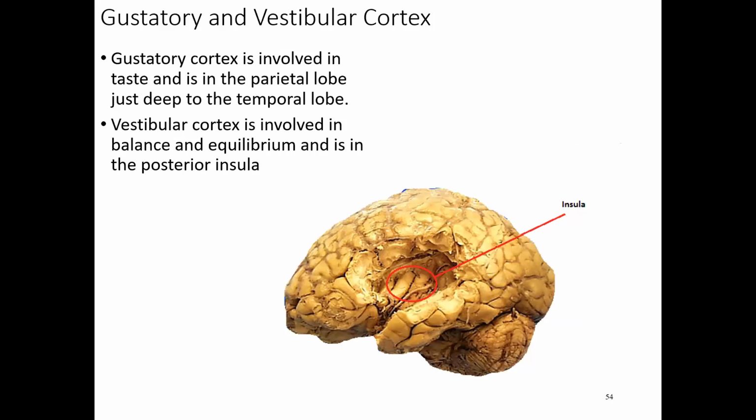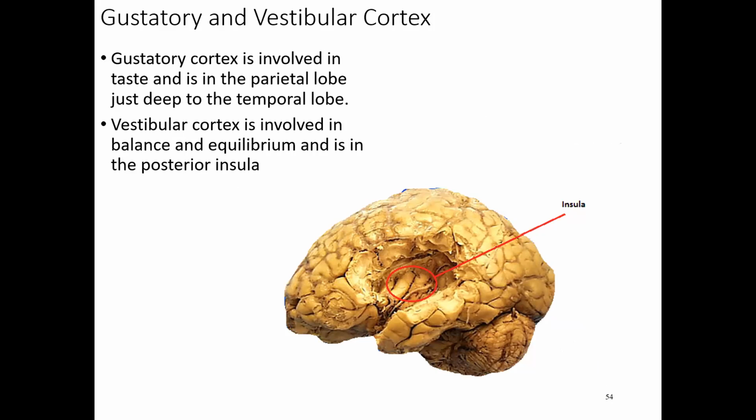The gustatory and vestibular cortex. Vestibular, of course, is balance and equilibrium. The gustatory cortex and association area is in the parietal lobe, just behind the temporal lobe.